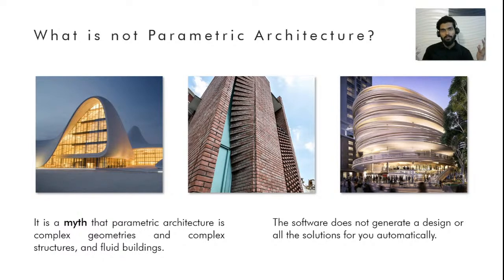You hear the word parametric architecture, and the images of these buildings pop in our head. But let me break it down for you. If a building looks complex, organic, twisted, very curvy, it does not necessarily mean that it has been designed parametrically. You can pretty much design a cuboid and it could still be parametric architecture. So parametric architecture is much more than just the form, much more than what you're designing. It is actually about optimization, which we are going to learn in a bit.